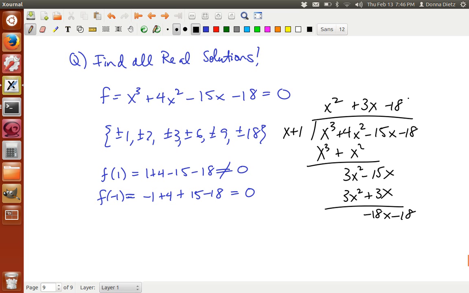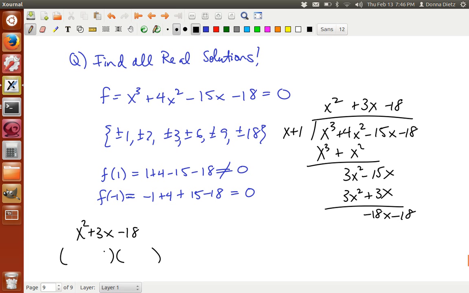Good. Phew. Because now what we have is something that should factor for us, and if it does, then we're scot-free.